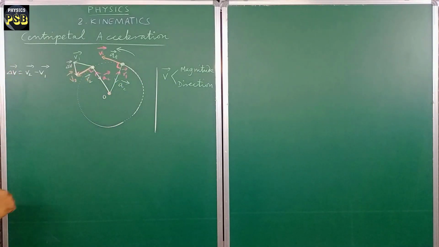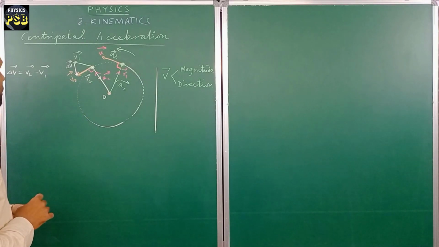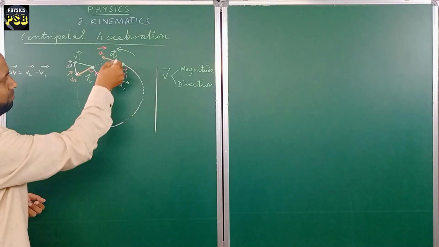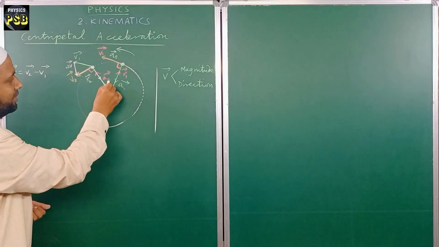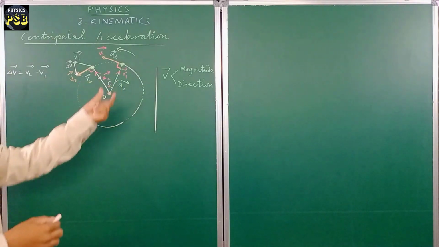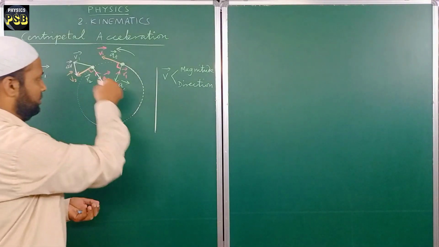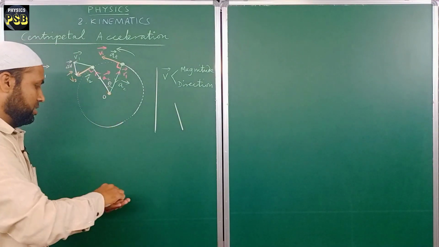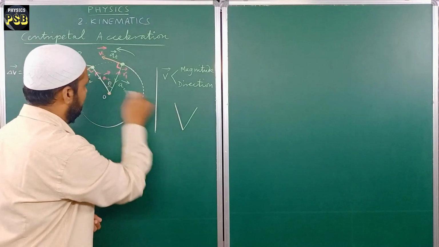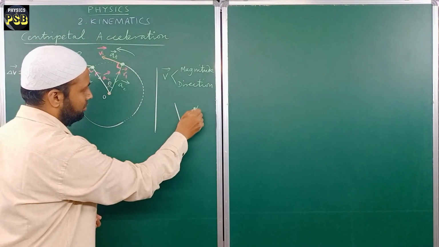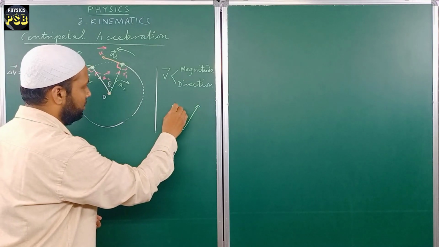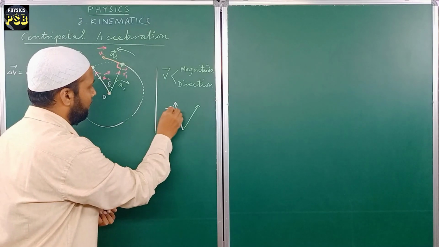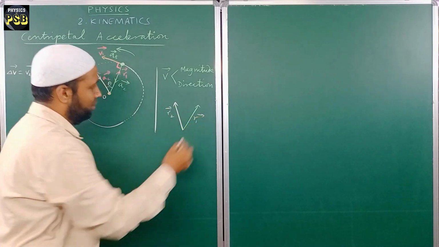Clear? Now by keeping this in mind, let's say the angle subtended by these two lines is taken as theta. Then I take it out this way, and this line is taken in this manner. This one is another line. It represents R2 vector, and this represents R1 vector.